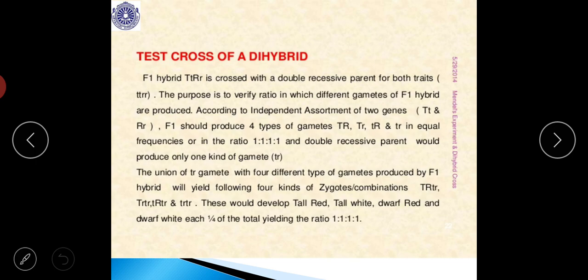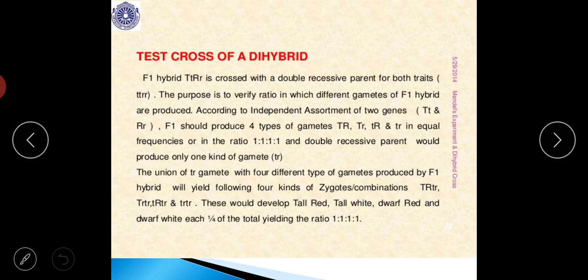According to independent assortment of two genes, capital T and capital R, F1 should produce four types of gametes, that is capital T capital R, capital T small r, small t capital R, small t small r, in equal frequencies or in the ratio of 1:1:1:1.